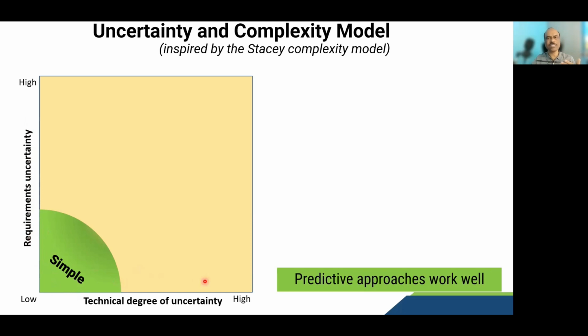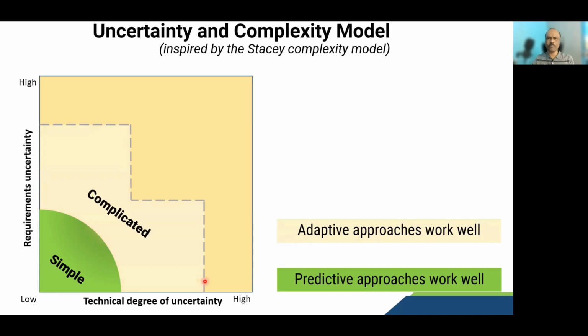One of the uncertainties is higher, whereas the other is at a moderate level, I would say. In that case, we call the project a complicated project. Not everything is uncertain, but one part of the project is uncertain. So that is complicated. And here adaptive approaches reasonably work well.